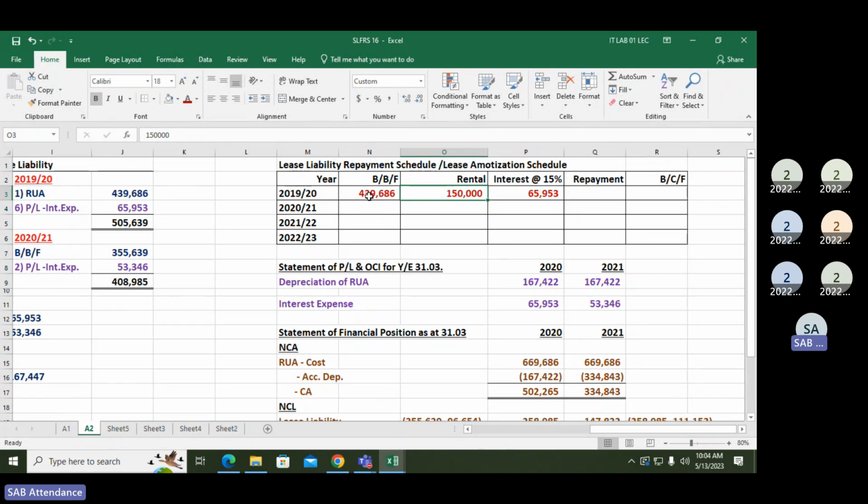This is the opening balance. Rental. Then you can deduct the interest from the rental, and you can identify the first year repayment. So from the opening liability, you deduct the repayment. You will get the closing liability. That becomes the second year opening.